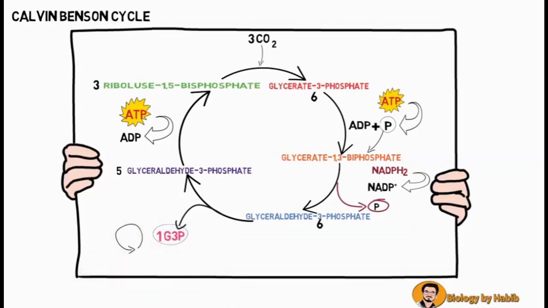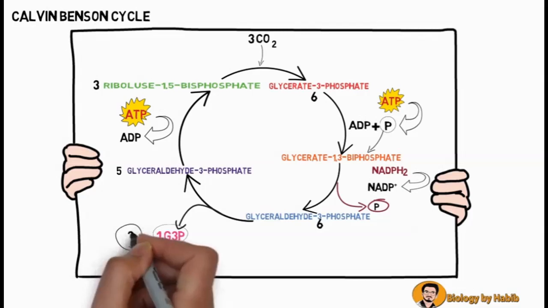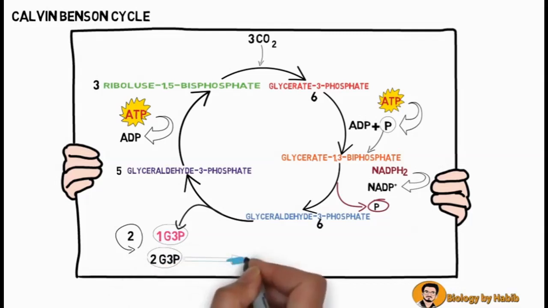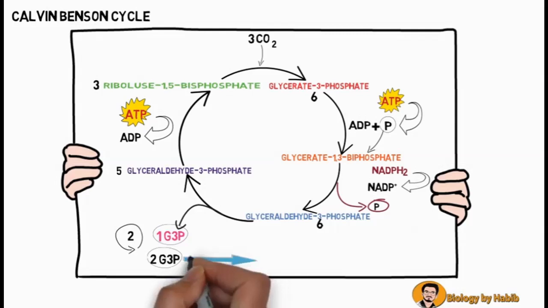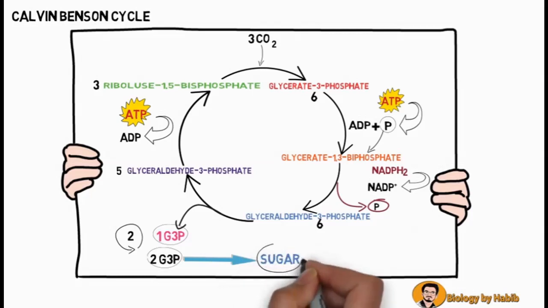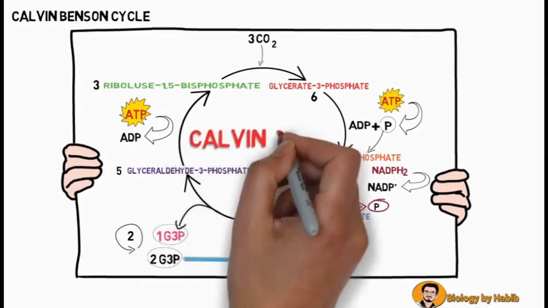So how does it happen? This cycle occurs 2 times to produce 2 G3P molecules, which combine to produce a sugar molecule, which is a 6 carbon compound called glucose, which means to produce 1 molecule of sugar, the Calvin Benson cycle occurs 2 times.